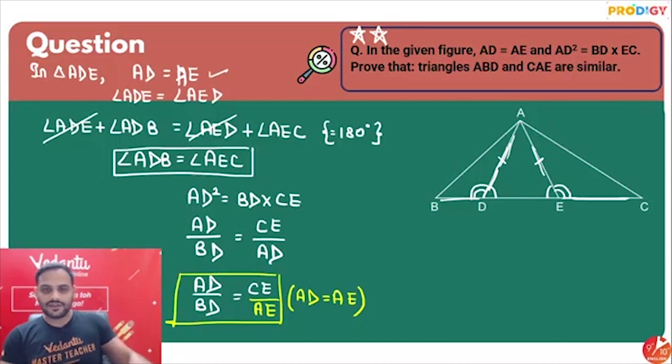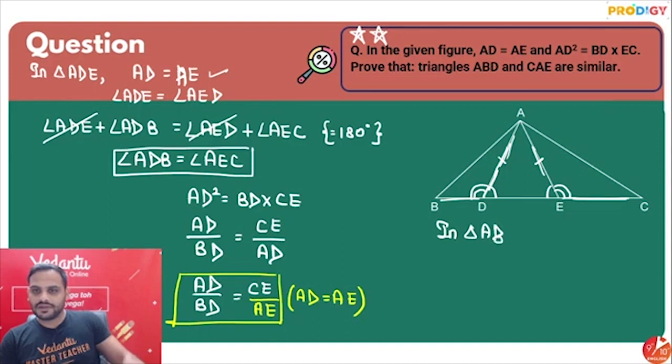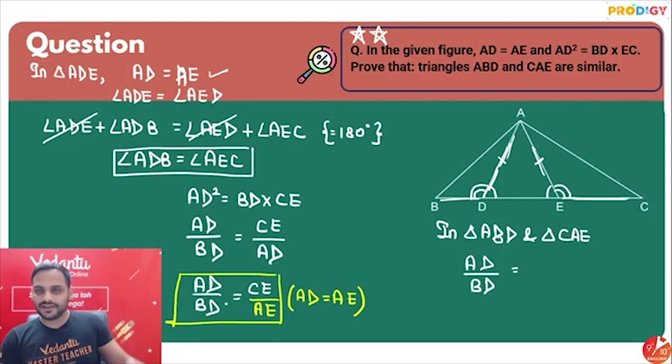Now I can say, in triangle ABD and triangle CAE, the first thing is that AD by BD is equal to CE by AE. So from here I can rearrange it as AD by CE. The ratio of AD with the corresponding side CE is equal to, shifting BD over there, BD upon AE.